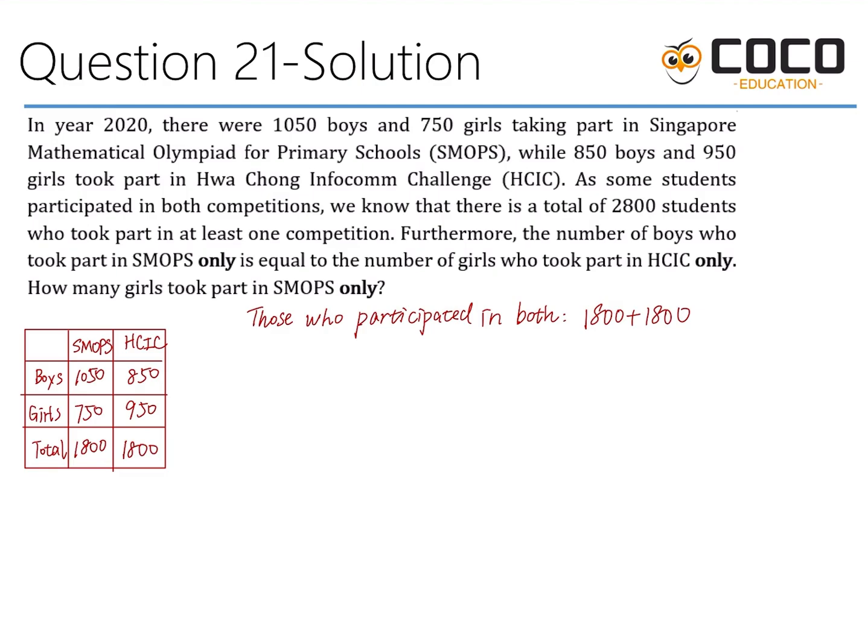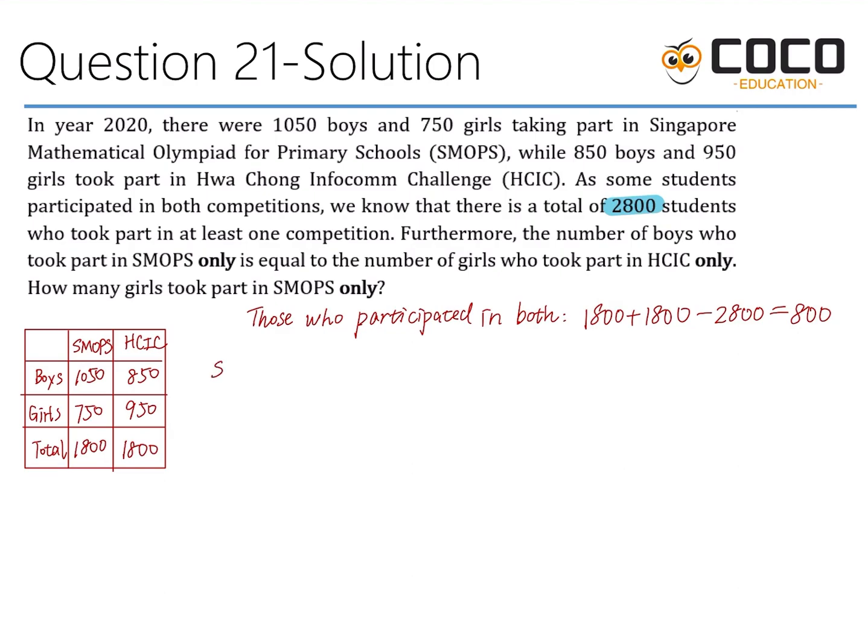But in fact, there are only 2,800 students who took part in at least one competition. So there are some of them who took part in both. We find out the difference. This is 800. 800 took part in both SMOPS and HCIC.